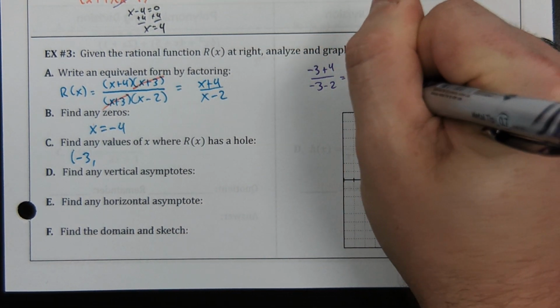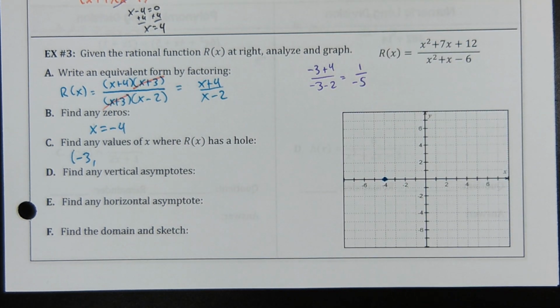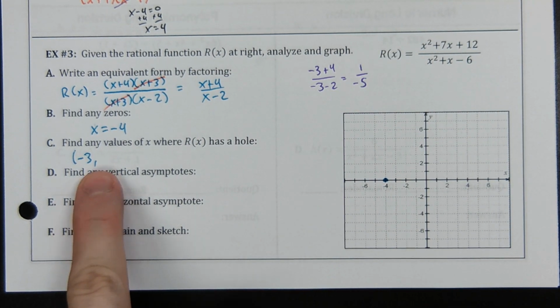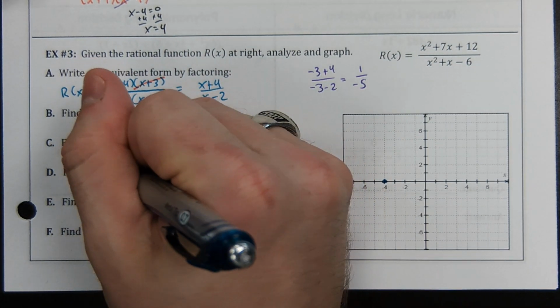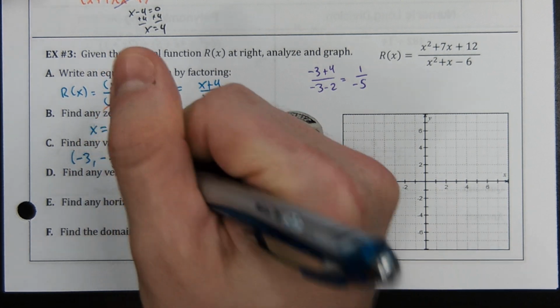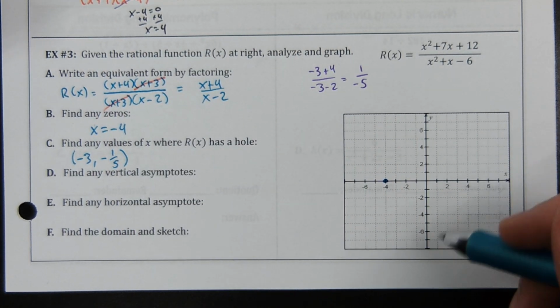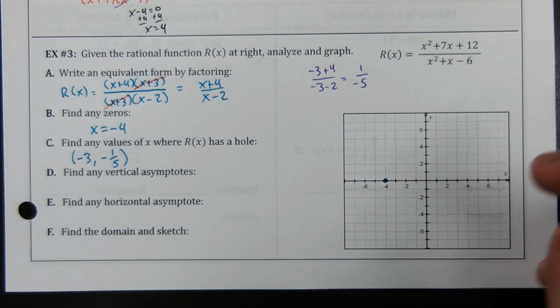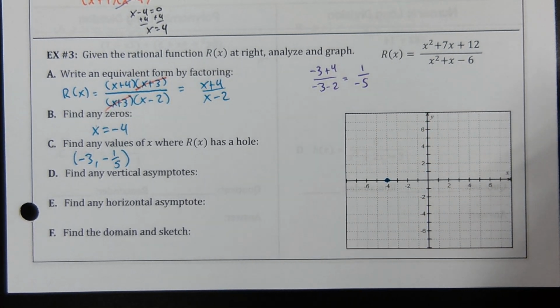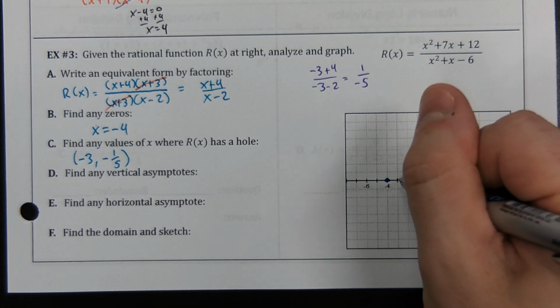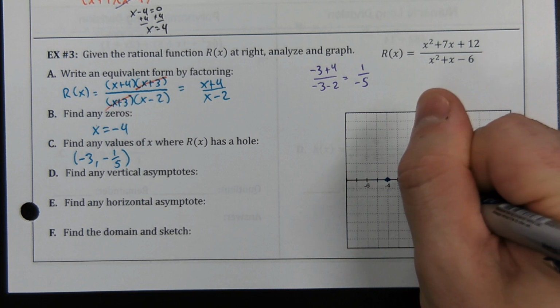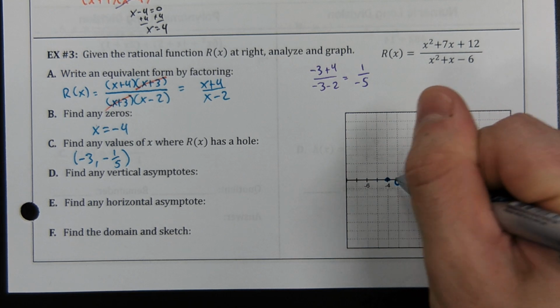That is 1 over negative 5. The y value of the hole in the graph is negative 1/5. The 1/5 is going to be itty bitty, so I'm just going to make the circle kind of large so it's hard to argue with me. Negative 3 comma negative 1/5 is here-ish.